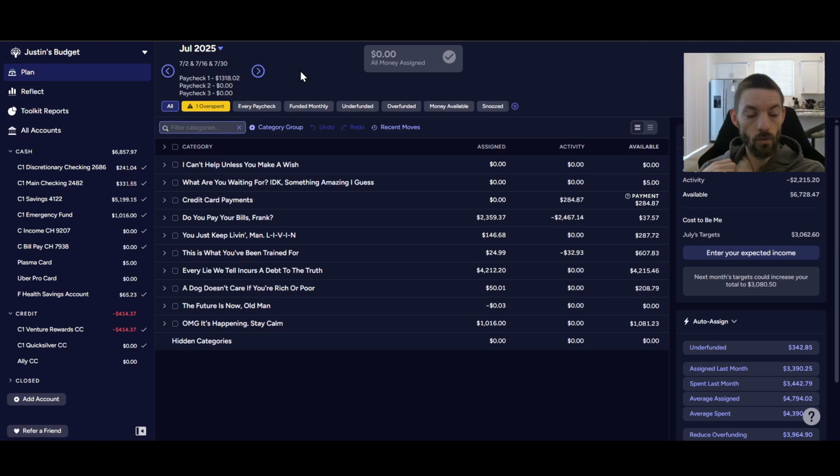And so what that will allow me to do is make all of the payments I need to out of that checking account throughout the month and just refill the balance up to 3,000 every paycheck. And all of my other money outside of my discretionary and my emergency fund will be in that savings account.